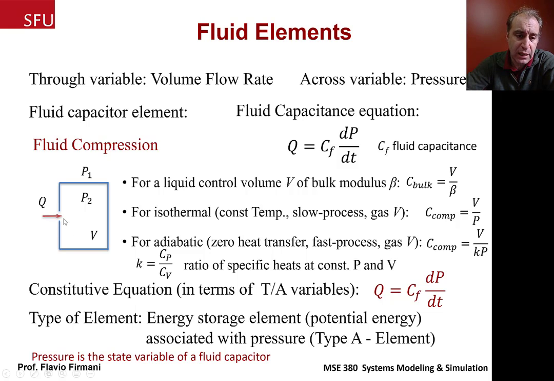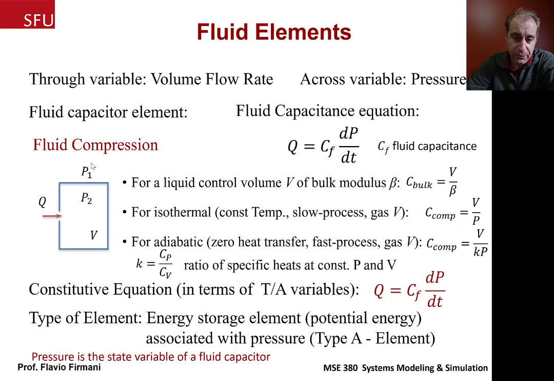So there is going to be flow going into the tank, and this is a rigid tank, so the pressure inside the tank is going to increase. We're going to have a constant volume, and the pressure outside is going to be different.